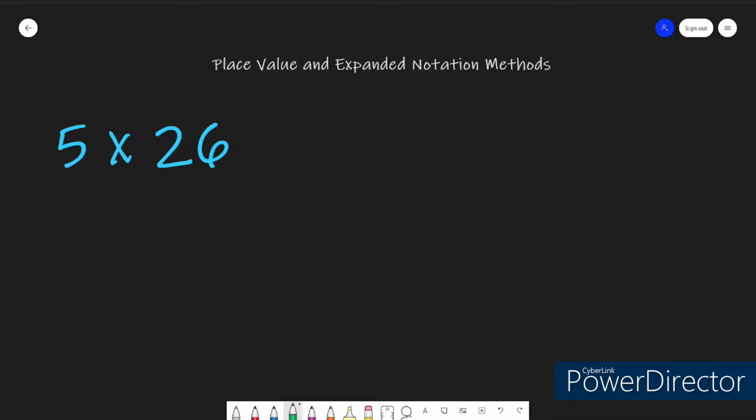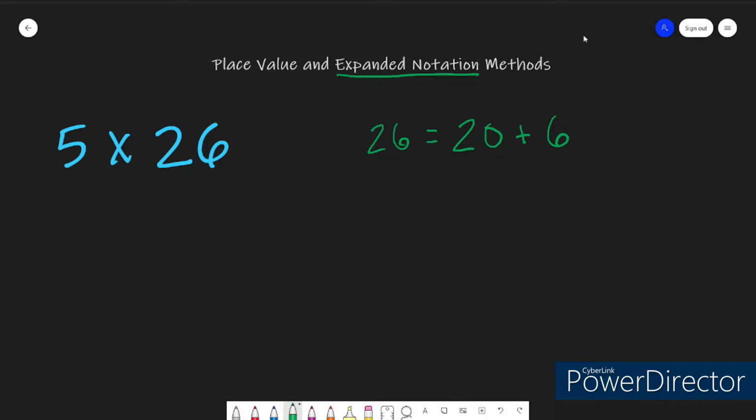So our next and final method we're going to get into today is the expanded notation method, where we utilize expanded notation to find our product for multiplication. A quick review for expanded notation is that we separate into each place value as an addition equation. So 26 would be 20 plus 6.